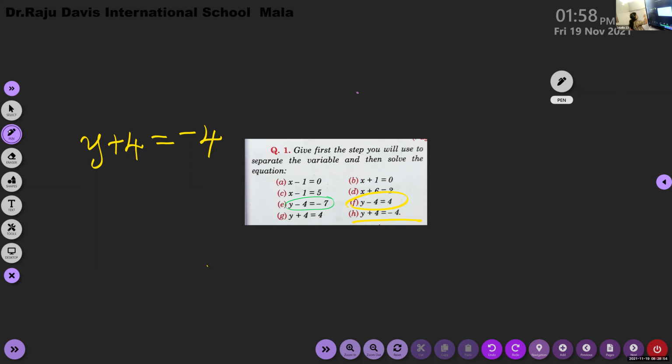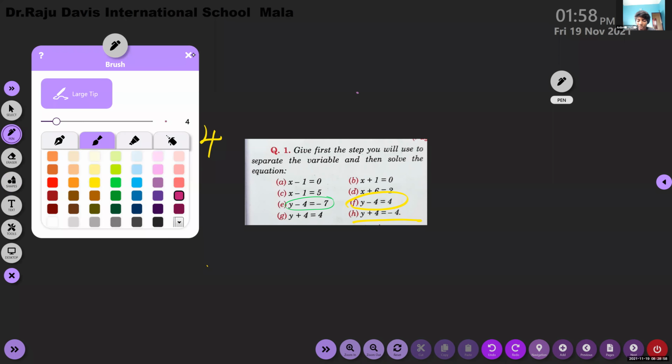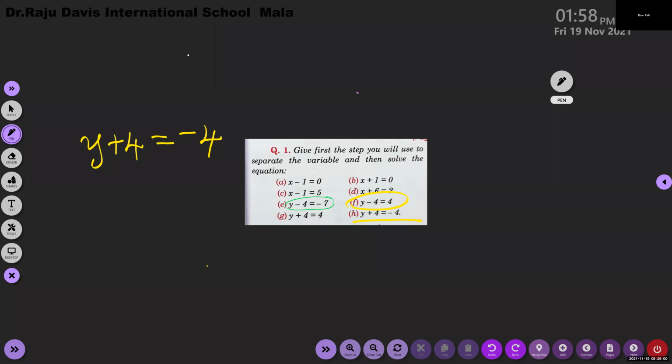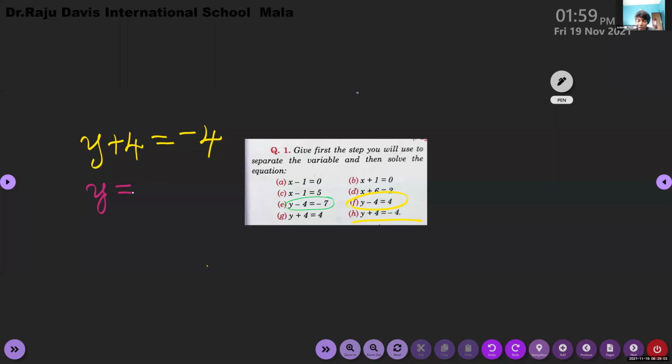Which number you are transposing? y is equal to minus 4. Which number you have to transpose now? Ma'am, 4.